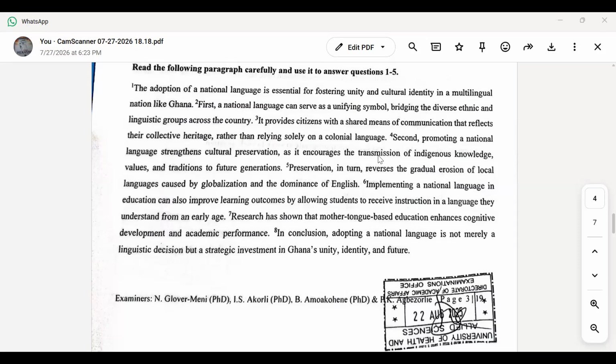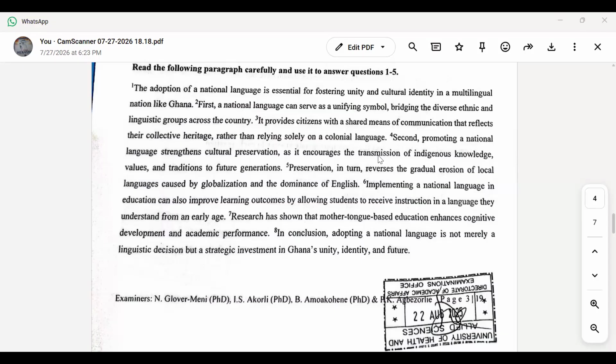Sentences 3, 5, and 7 are minor supporting sentences because they give evidence and more ideas, or elaborate on the major supporting sentences.